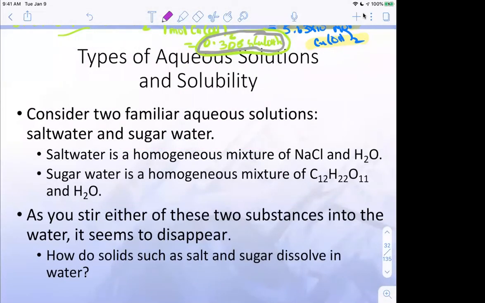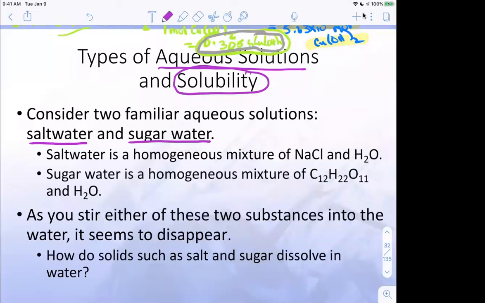What we're going to talk about now is different types of aqueous solutions and solubility, which is a really important term in chemistry. So let's think for a moment about two very familiar aqueous solutions, salt water and sugar water.